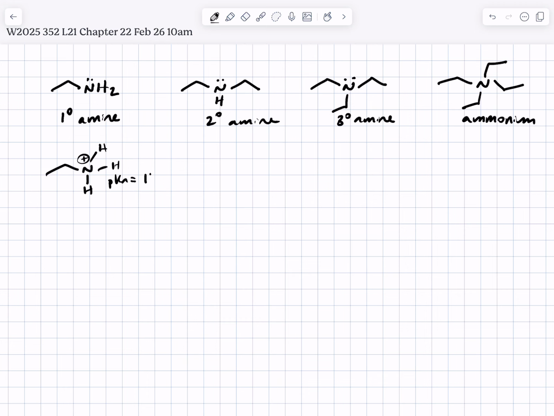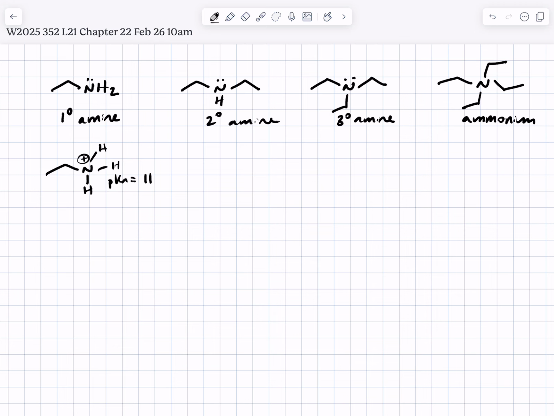So the pKa of most ammonium ions is around 11. So what we want to start talking about is, how do you know how basic an amine is? Can you rationalize amine basicity using stuff that you already know?